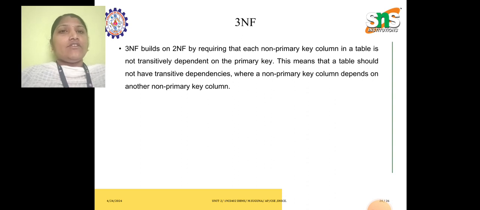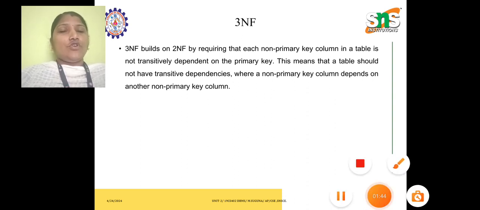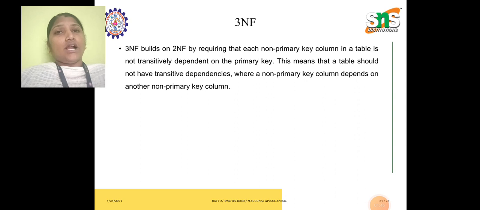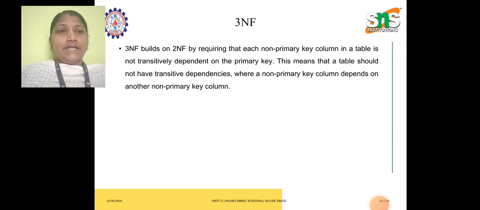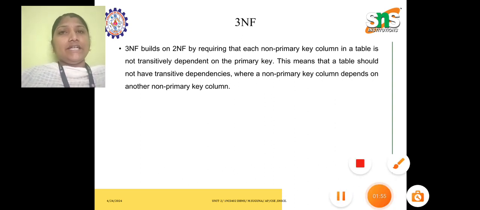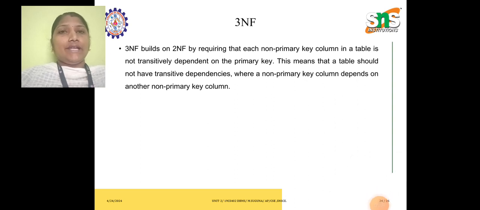So the third normal form means the table should already be in the second normal form. That means there should be atomic values and removal of partial dependencies. Apart from that, in the third normal form there should not be any transitive dependency. We already saw what is meant by transitive dependency.